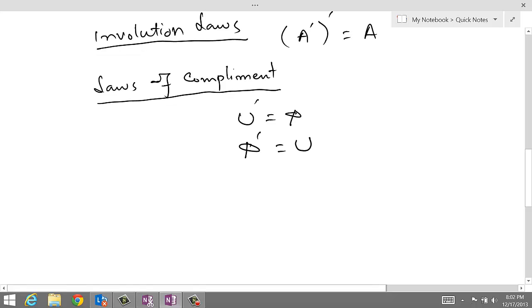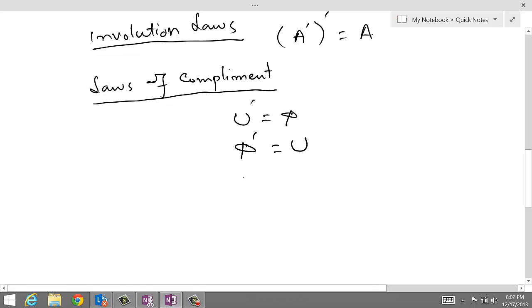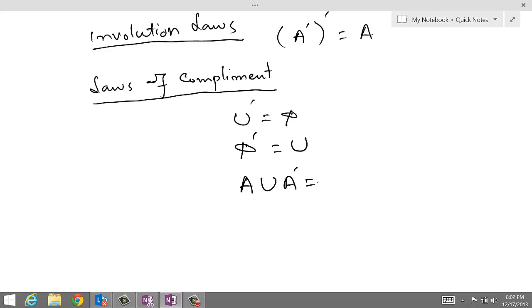And A union A complement. You know that A and A complement are disjoint sets. They don't have anything in common.